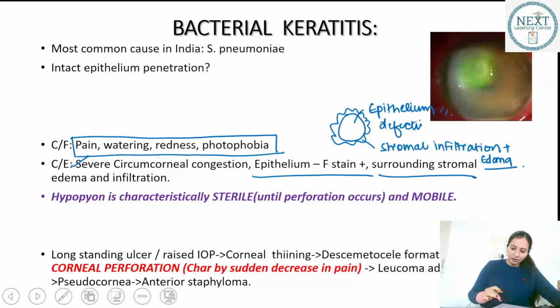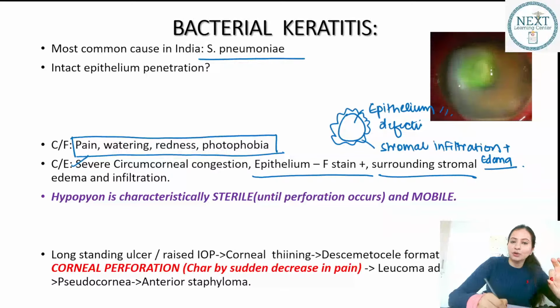Now in bacterial corneal ulcer, the most common cause is Streptococcus pneumoniae, but there are certain organisms that penetrate the intact epithelium. The ones that penetrate the intact epithelium are LDH-N2.